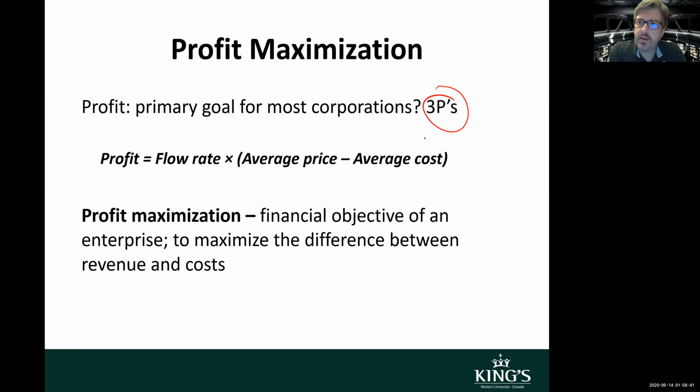So focusing on profit a little bit now, profit is your flow rate times your average price minus your average cost. So how is it that I put flow rate over here? What is really going on? Well, flow rate, this is your demand. This is demand, units per time.